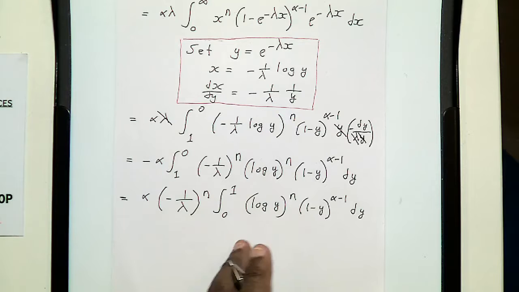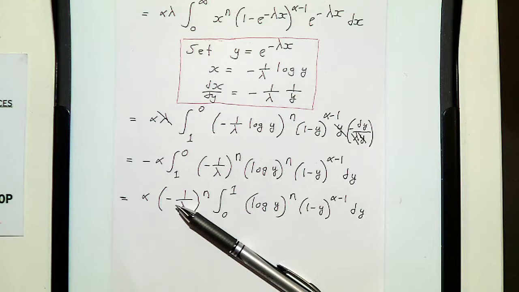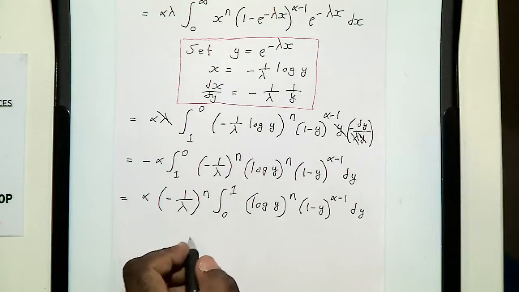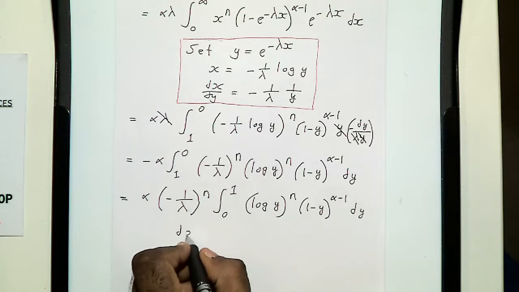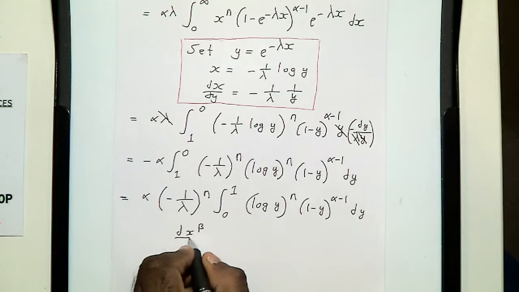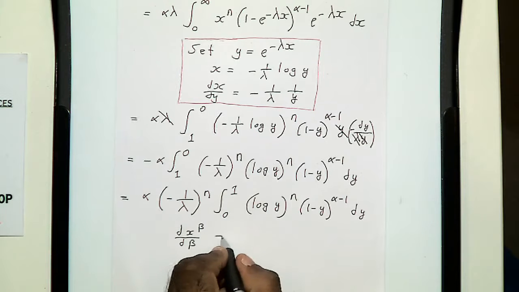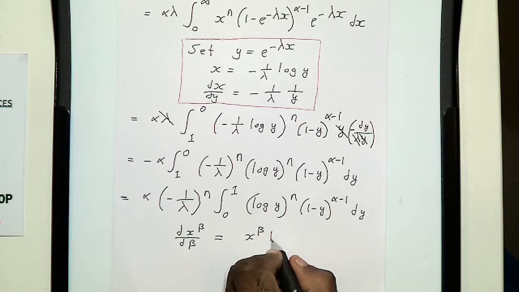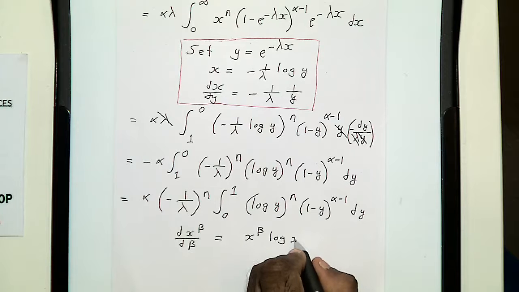You may recall that I think I might have mentioned this before. If you have something like x to the power beta and you're differentiating with respect to beta, then this is x to the power beta times log of x.